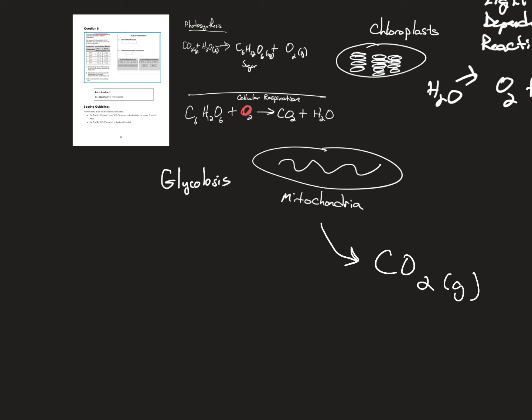And you're going to take glucose, C6H12O6. There's a bunch of steps that we discussed. Out is going to come NAD, NADH, and you're going to end up with ATP.